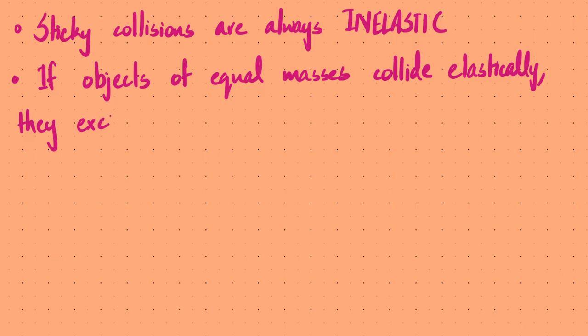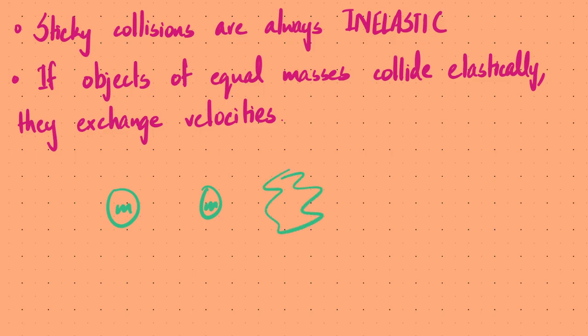And again, this follows through from the relative speed of approach equaling the relative speed of separation. The idea is this, for example, let's say I have this mass m, another mass m, colliding and then moving off in some way.